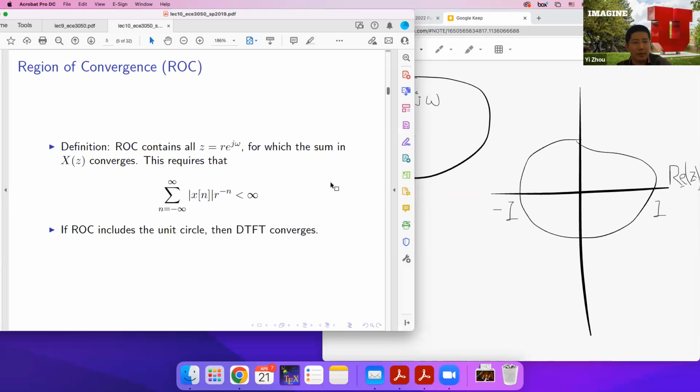This is the definition of the region of convergence. And the sufficient condition for ensuring convergence is to make sure that this summation is absolutely summable.